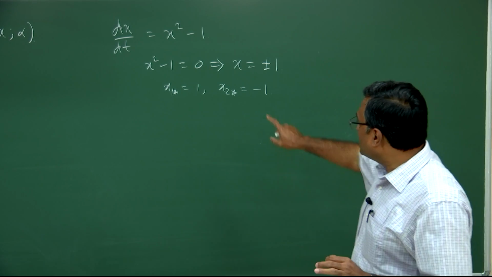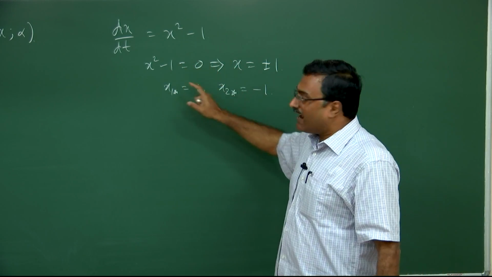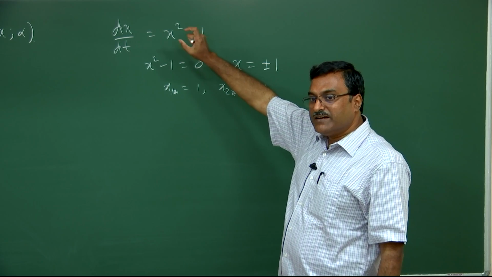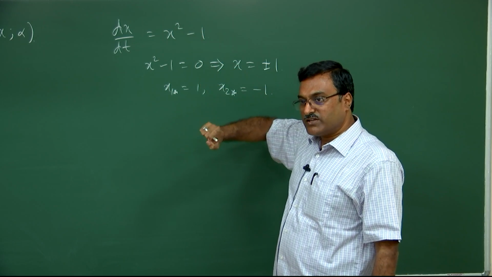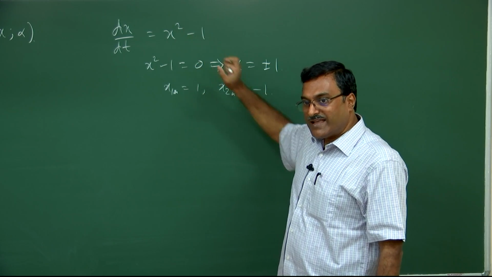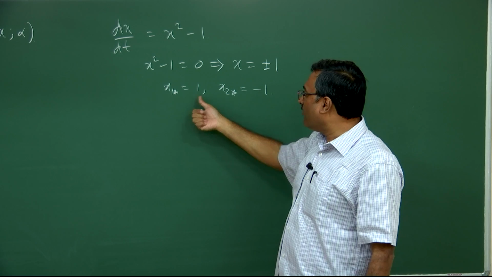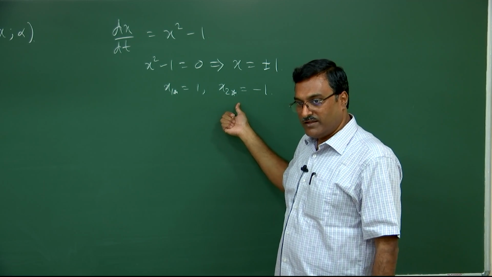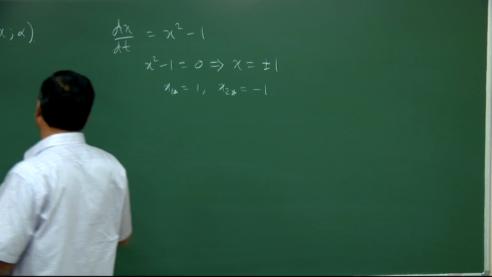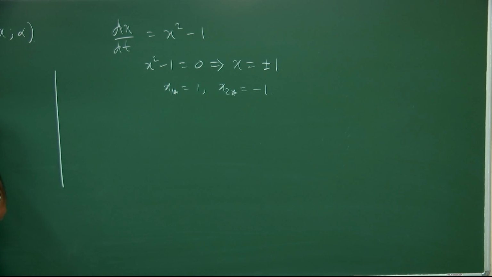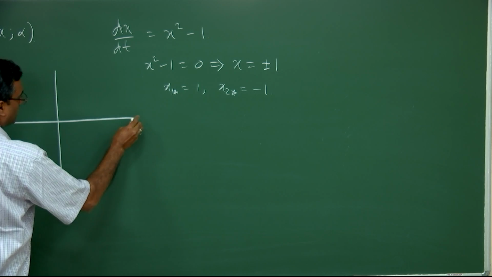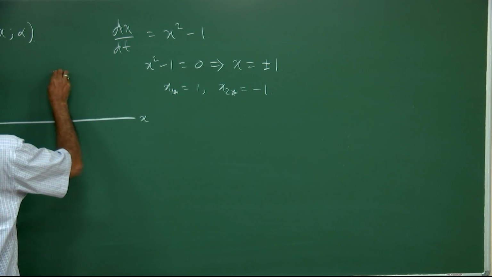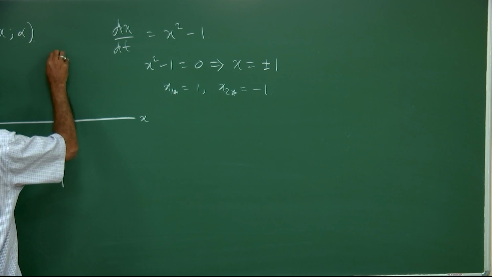Now for this system, just looking at the property of increasing function and decreasing function in terms of derivative, we can judge the stability of these two equilibrium points. You just try to understand how it is possible. First of all, we consider this graph. This is the x direction and this is the x dot direction.